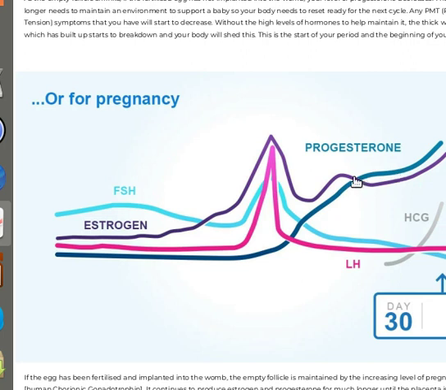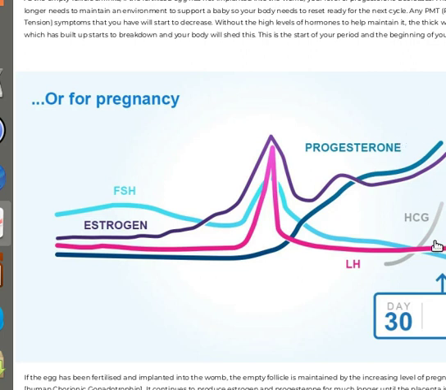We need it. And who's responsible for maintaining the lovely lining of the uterus? Yes, it is progesterone and estrogen. If that would drop, that would be very fatal for the baby. So we don't want that. We want them to be high when we're pregnant.